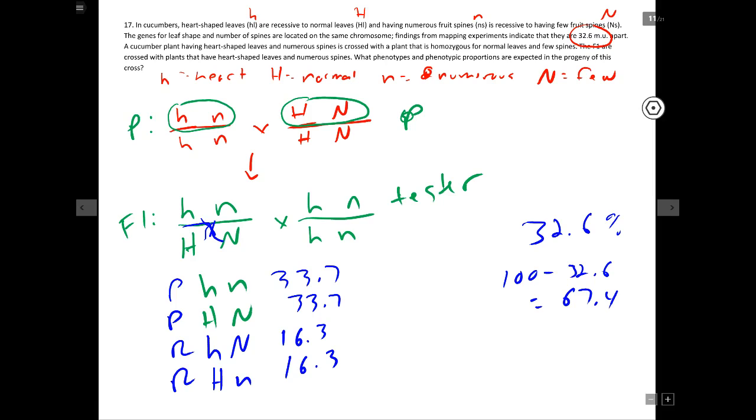So that's what you expect. So you can do these problems in two ways. You can be given numbers like this and use them to calculate your recombination frequency, or you're given the recombination frequency and asked to come up with the predicted results of a cross.